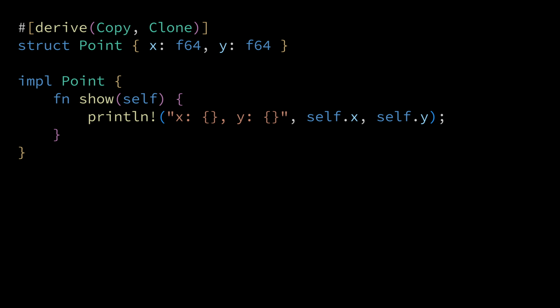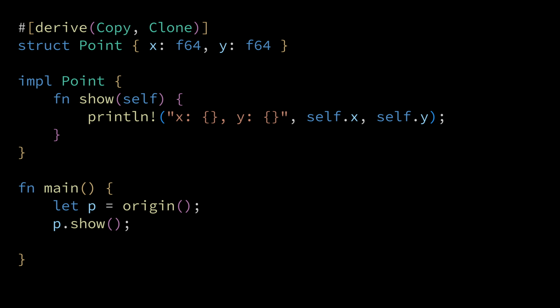So I've moved the show function into this impl block, and instead of taking a parameter p, it now takes the keyword self. The self parameter can only be used inside an impl block, and self is a value of the type named after the impl keyword. So inside the body of the show method, I can use self.x and self.y to print out the coordinates.